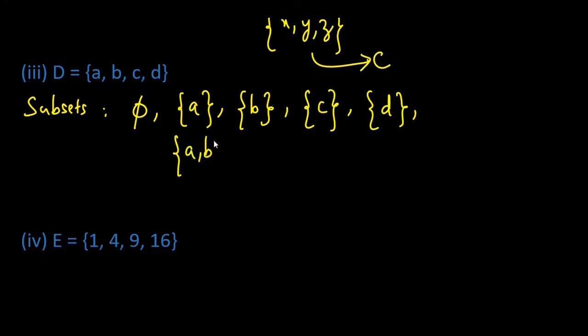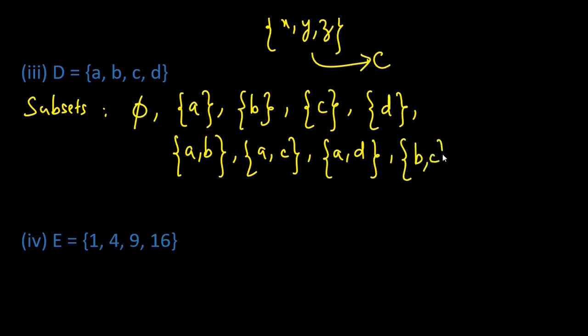A, B, then A, C, then A, D. Then start with B: B, C, B, D. Then C, D. So we finished taking two elements.